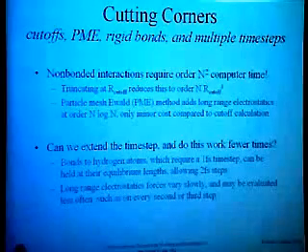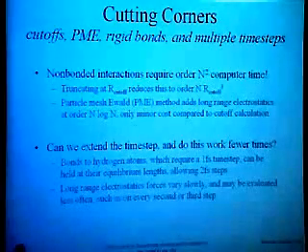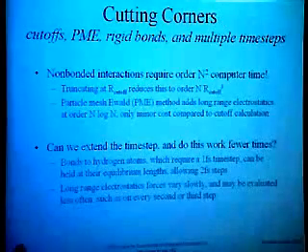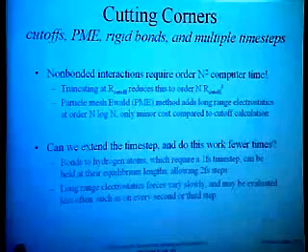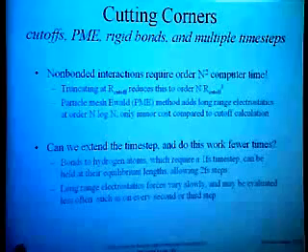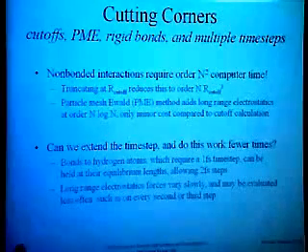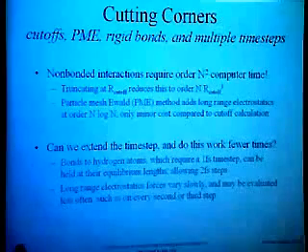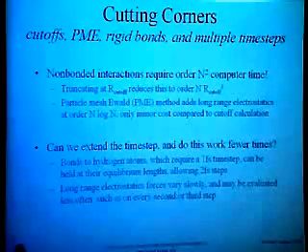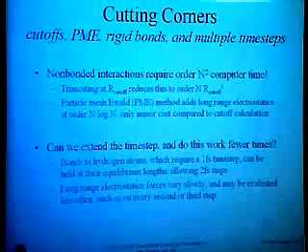If we take those non-bonded interactions and say, well, they're pretty weak as you get further out, maybe 10 angstroms, 12 angstroms is all we have to go, we can reduce that to order n. So if you double the size of the system, you double the amount of work you have to do. Unfortunately, if you decide to double the size of the cutoff, you have to do 8 times as much work. So large cutoffs aren't necessarily the answer.